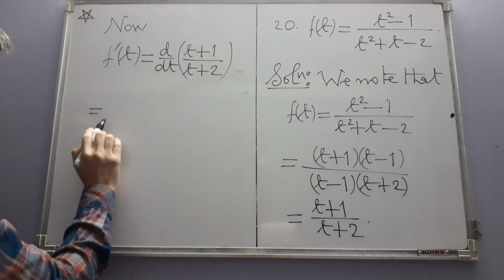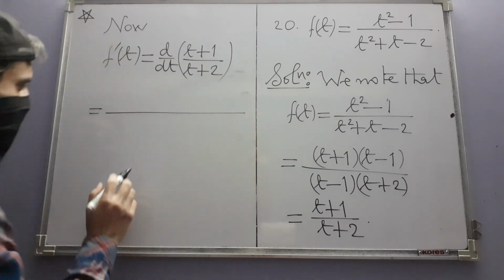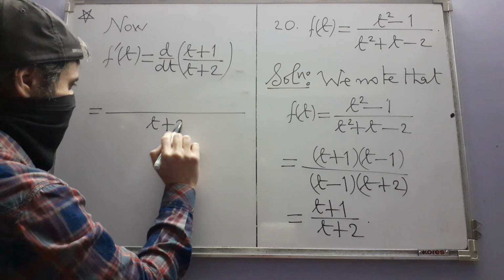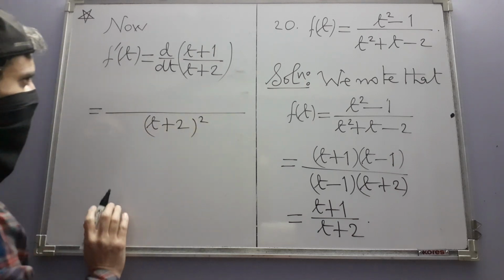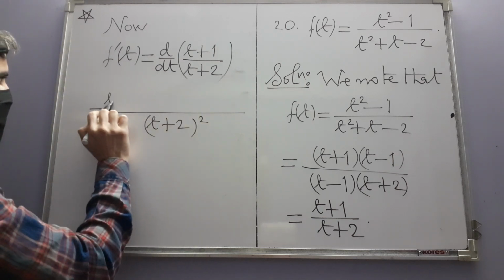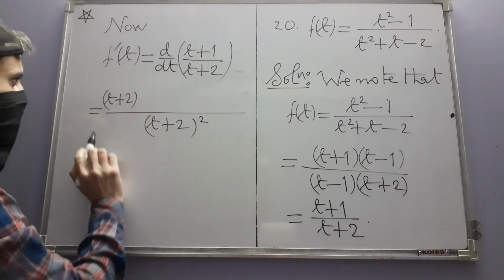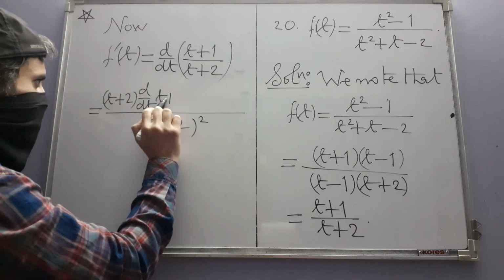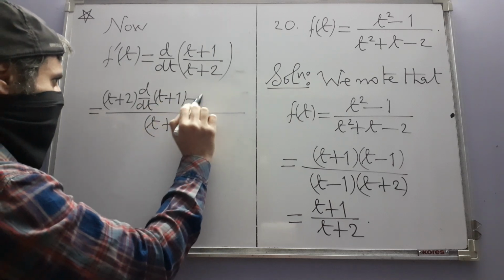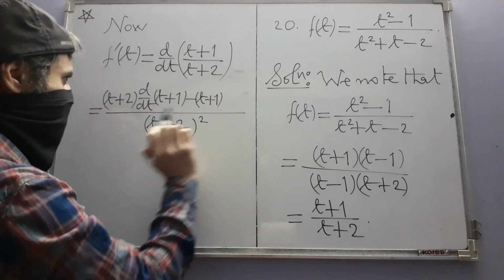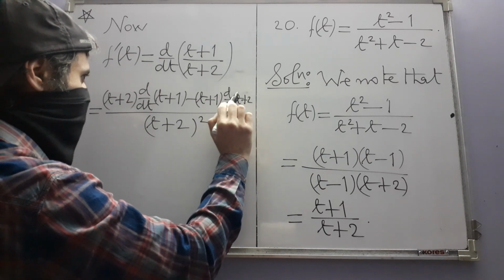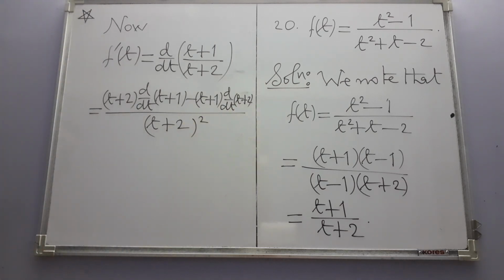So applying the quotient rule, I think I can write it here itself. There's enough space. So we square the denominator, then we keep the denominator intact first, multiply it by the derivative of the numerator minus, then we keep the numerator intact and multiply it by the derivative of the denominator t plus 2.